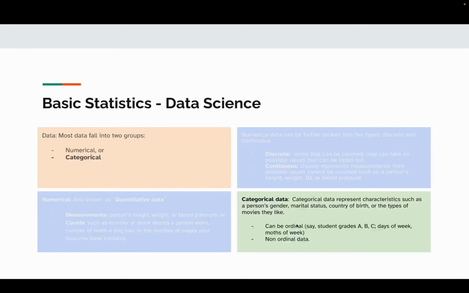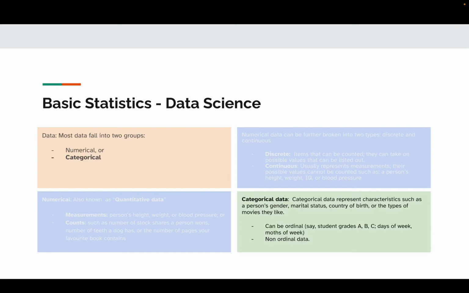So these are examples of categorical data. Categorical data again can be two types. One is ordinal data. An example of ordinal data is your grades. For example, if you have a grade A, you are better than those students who have grade B, and the grade B students are better than grade C. Other examples of ordinal data are the days of the week.